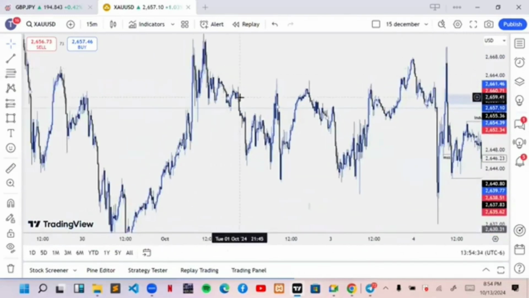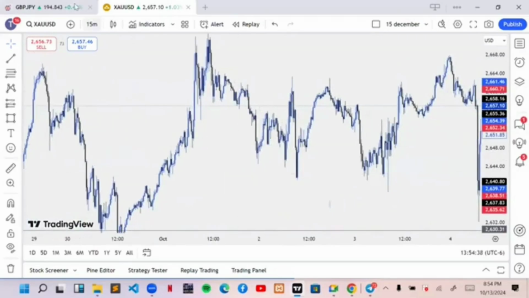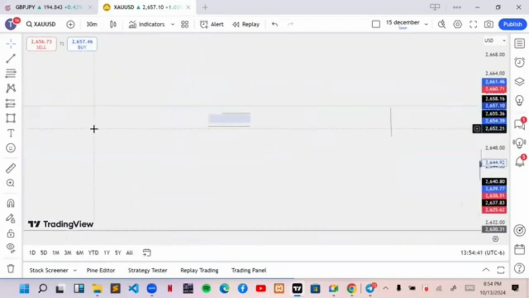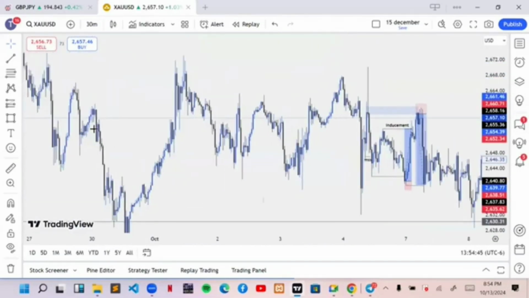So when I analyzed this setup, this is what I did. I think I used the 30 minutes time frame for the setup.